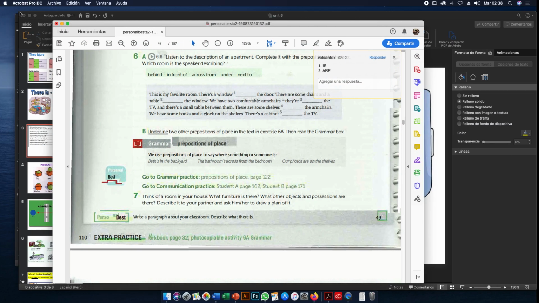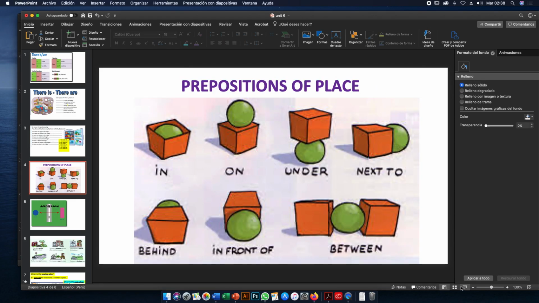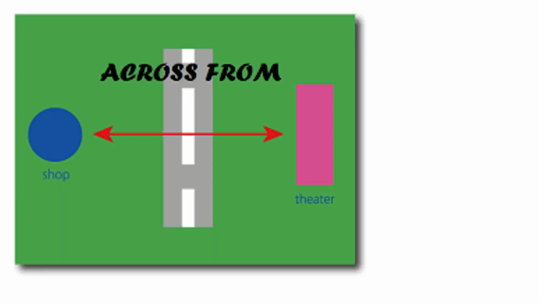But what kind of words are they? When do we use them? Here I have looked for these pictures so that you can see in a clear way how we use these kind of words. These words like in, on, under, next to, between, in front of, behind. These are prepositions of place. And when do we use prepositions of place? To indicate position, as the name says. And there's another one that is not there that we say, across from.